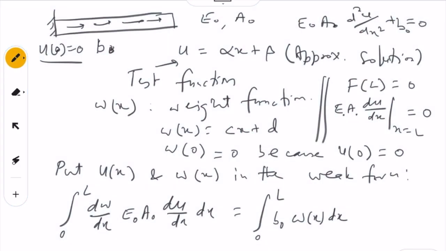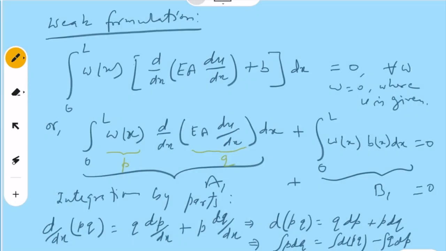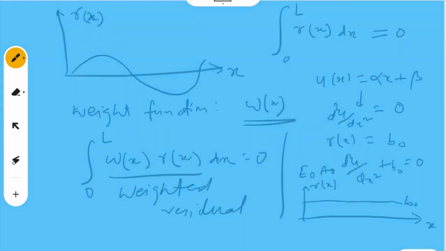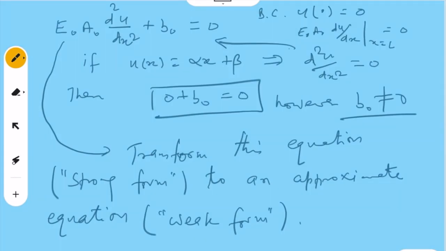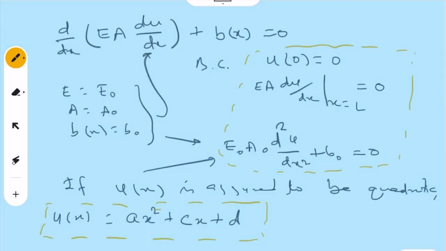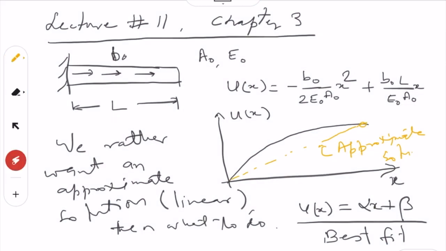We had it in the very first one. So this is the equation. And if you put x equal to L, then what do you get?